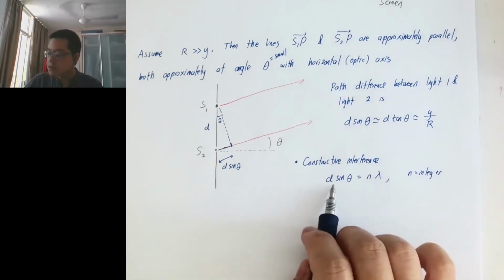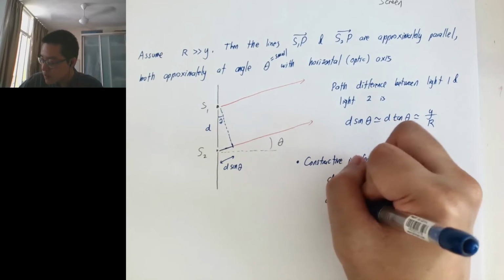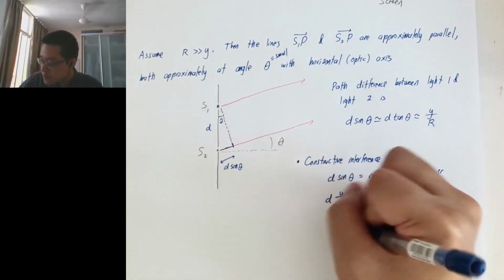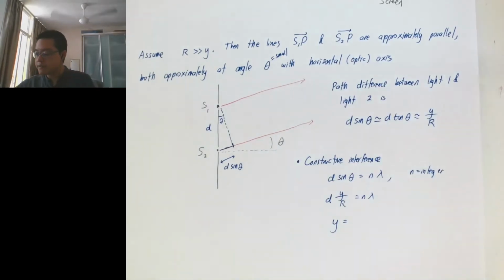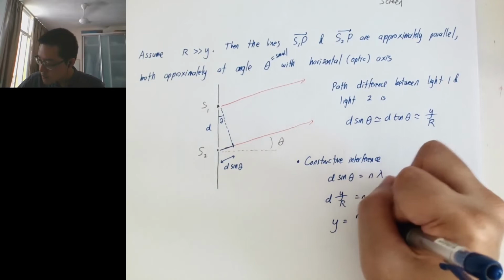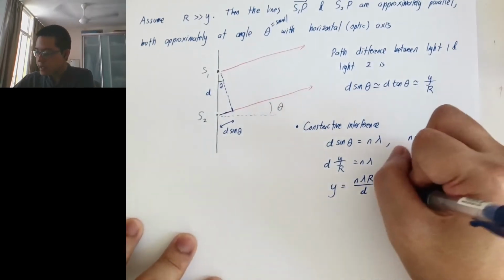Approximating sine theta as y over R, d y over R equals n lambda. So the position for constructive interference is y equals n lambda R over d, where n is an integer.